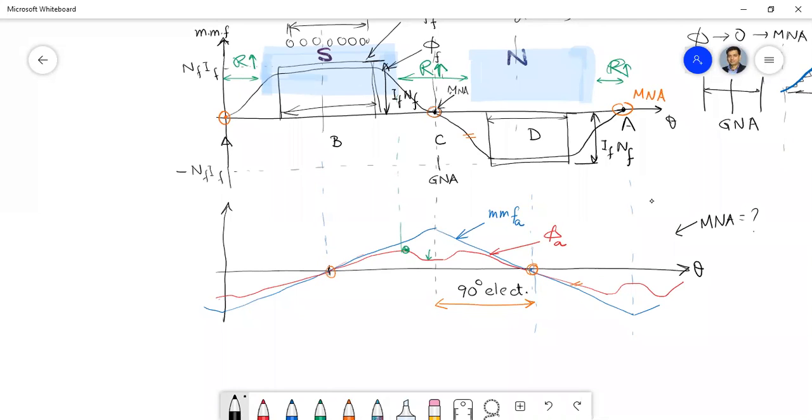So the angle difference between these two MNA is 90 degree electrical. Okay, so always it will be 90 degree electrical because as you are saying electrical angles, that is irrespective of the number of poles. If the number of poles is 4, then also you will get 90 degree electrical. And if there are 8 poles, then also you will get the 90 degree electrical.